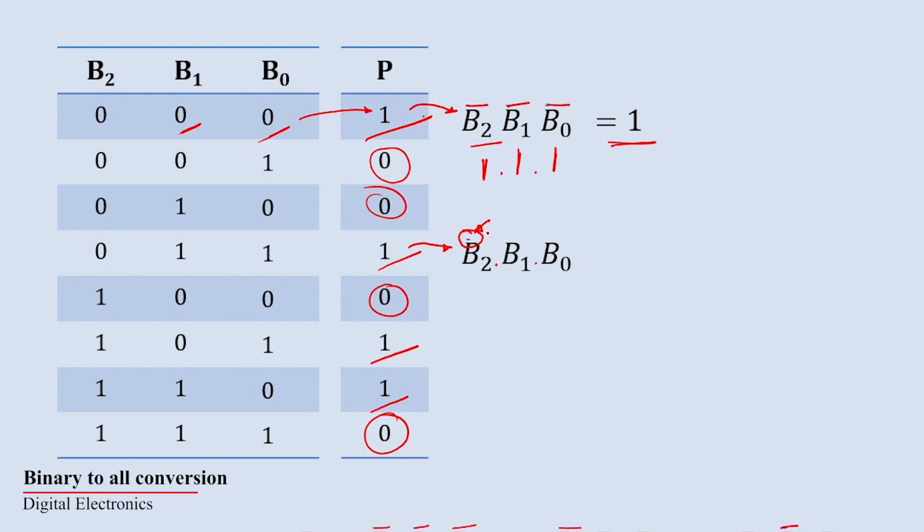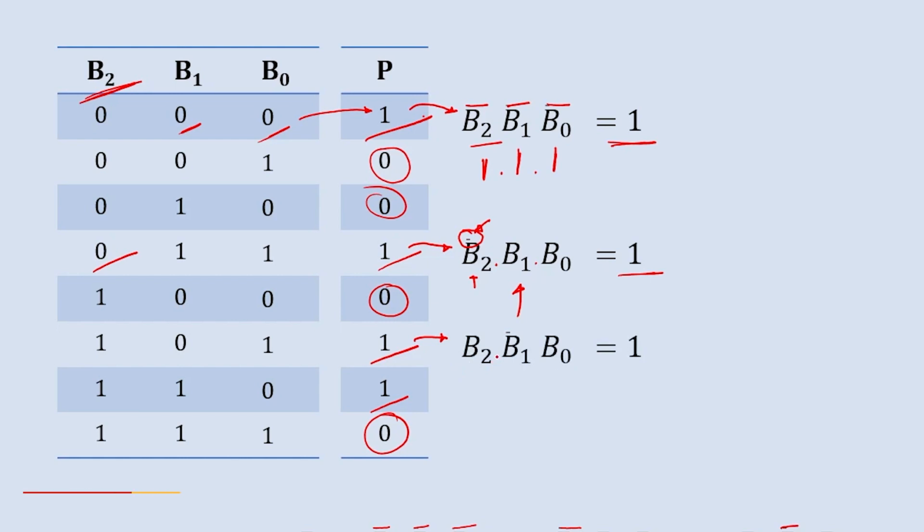Using this symbol, you can identify whether it is normal B2 or B2 bar. So what we do is, in our data set where there is 0, for that bit we'll use bar, and for the rest of the bits we'll use B1 and B0 as they are, and the final result will be 1. So as per this logic, what should be the next combination over here?